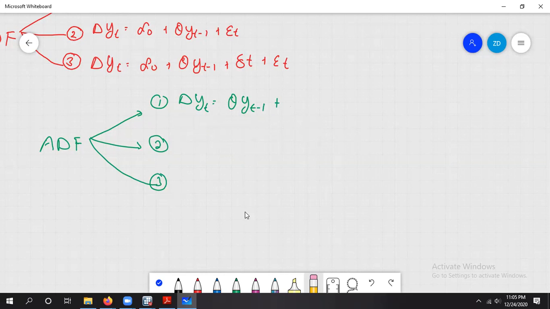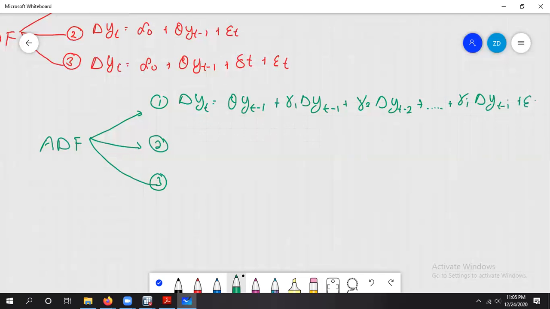So plus, let's say, gamma 1 difference yt minus 1 plus gamma 2 difference yt minus 2 until gamma i difference yt minus i, plus the error.